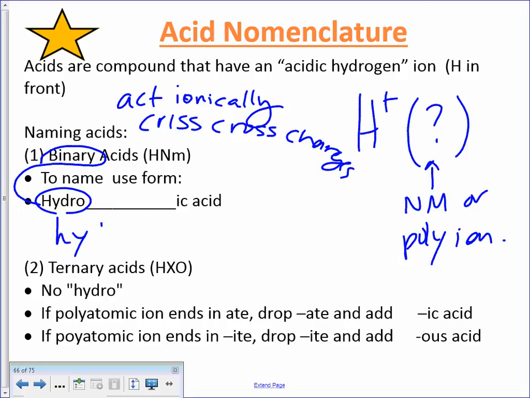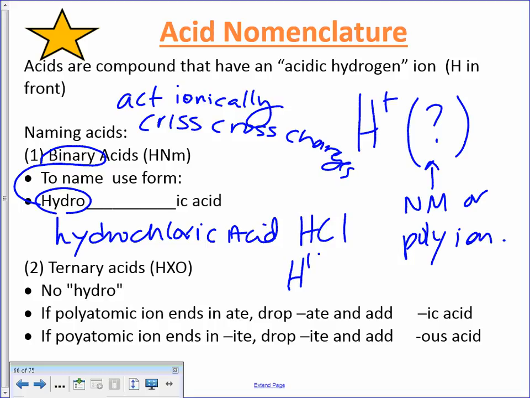So if I said hydrochloric, what nonmetal is it speaking of? Chloric sounds like chlorine, right? So that would be HCl. Now, I just went ahead and told you the full formula, but we would actually have to derive that ourselves by finding the charges. So what charge is H again?